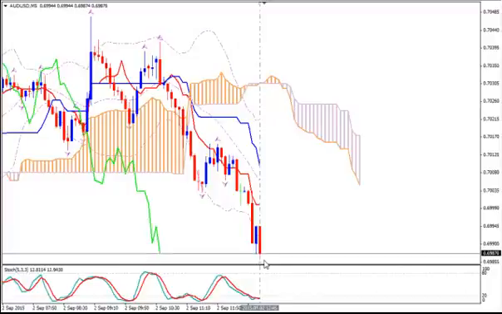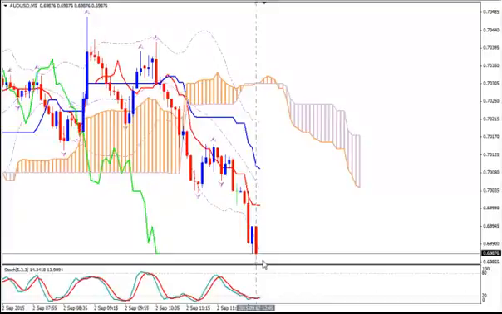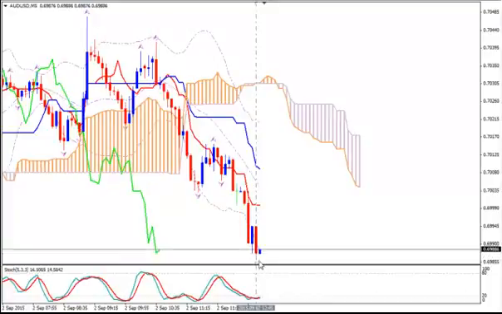If for any reason we see that we are about to see a reversal, especially if Kijun Sen slopes upwards on H1, we exit.